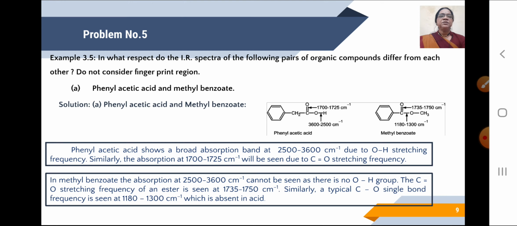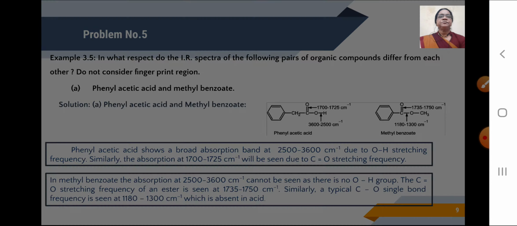The CO stretching frequency of an ester is seen at 1735 to 1750 per centimeter. Similarly, a typical CO single bond frequency is seen at 1180 to 1300 per centimeter, but it is absent in the acid. Thus we can differentiate phenylacetic acid and methyl benzoate.